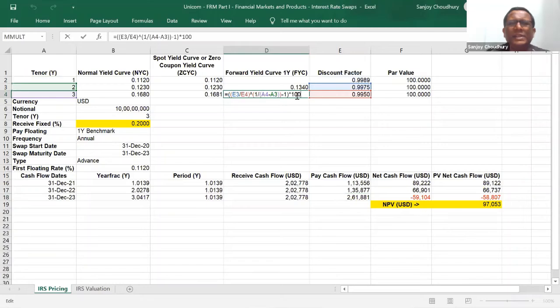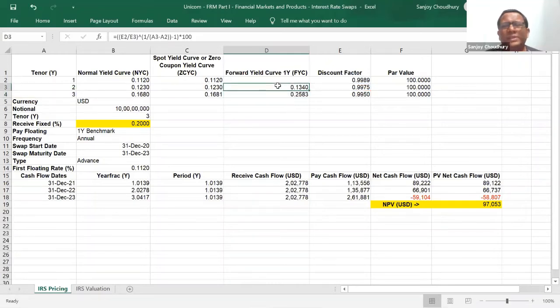So the expected 1 year rate after 2 years is computed here by E3 by E4, which is discount factor 2 by discount factor 3, raised to the power 1 divided by T3 less T2, the third year less the second year, minus 1, and lastly multiplied by 100 to convert that into a number. So 0.1340 is a 1 year rate after 1 year, and 0.2583 is a 1 year rate after 2 years.